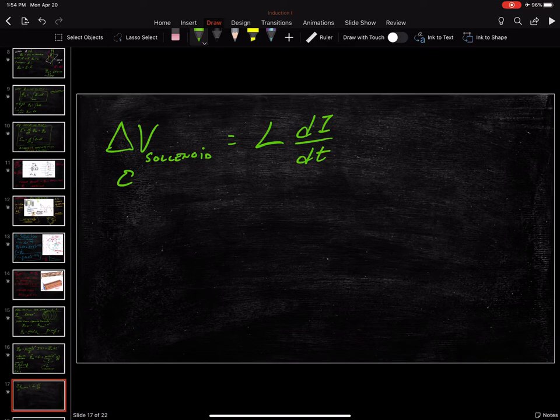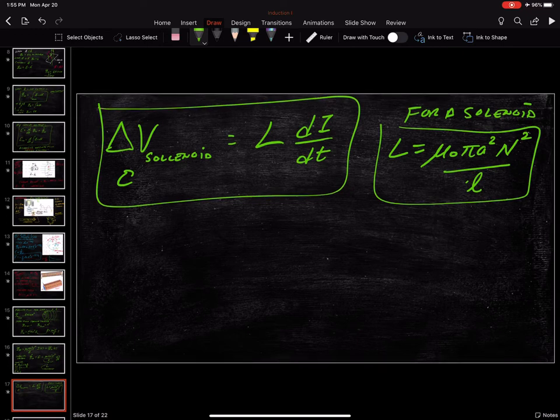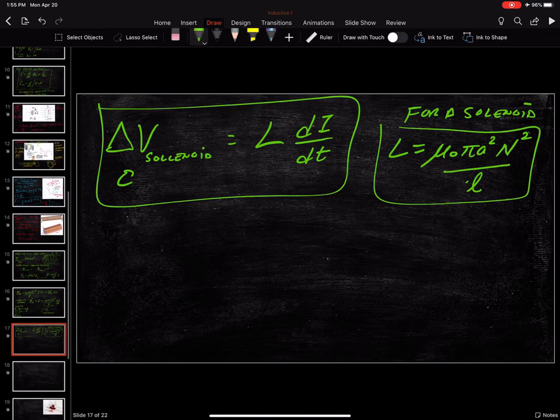Where again, for this coil, L was equal to mu naught pi a squared times N squared over L. But this is the important thing to keep in mind here. And in general, there's going to be a voltage drop. And so now we've got some new voltage thing here, which is very interesting.